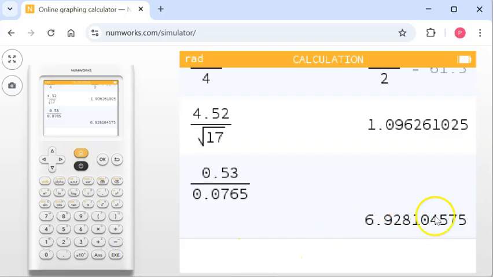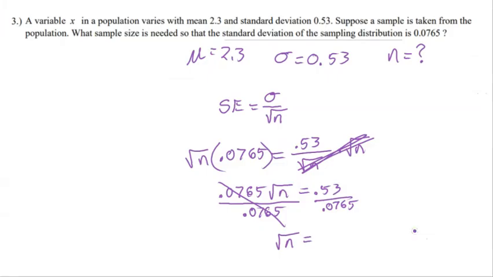And that gives me 6. Now I need to use as much of this as I can. Don't stop at 3. This is not my final answer, so I need to use at least out to 6 decimal places. 6.928104. And actually, I'm going to make this a 5 because this 5 is telling me to round up the number next to it. So 6.928105, okay.